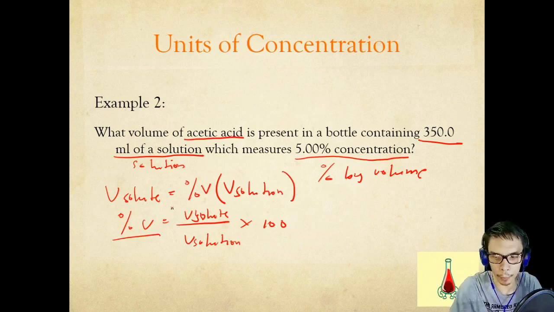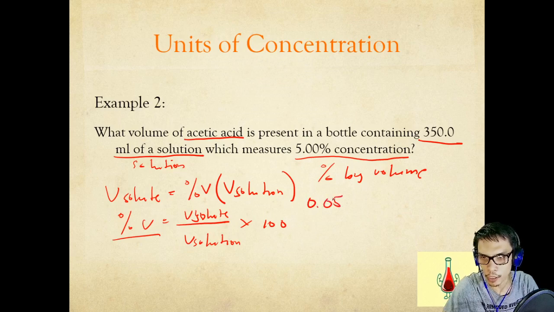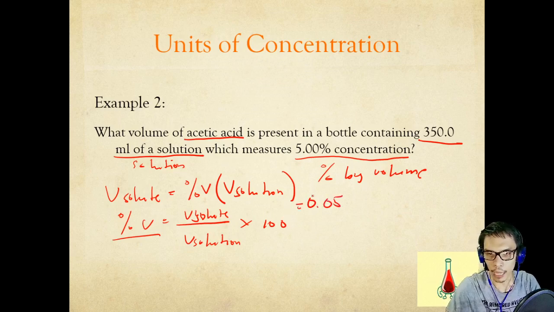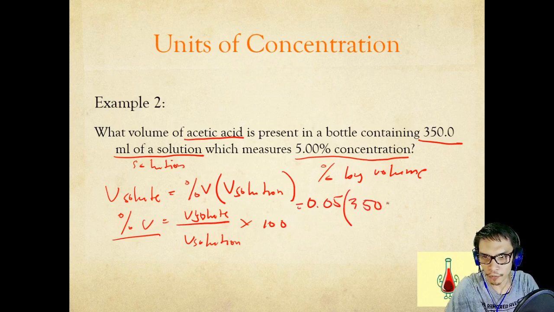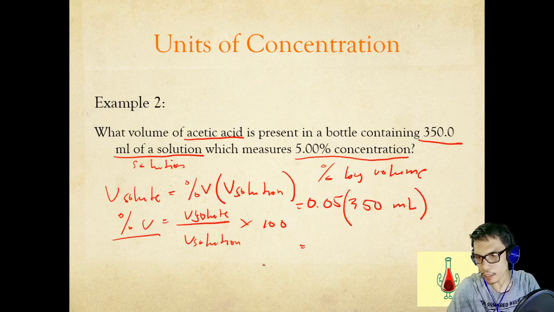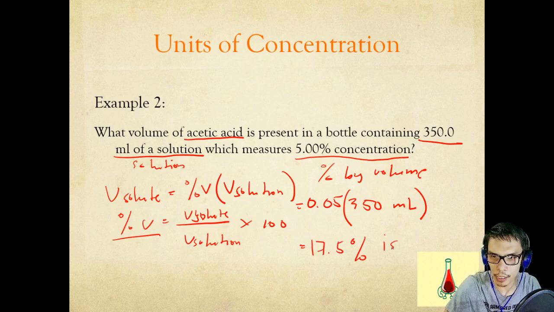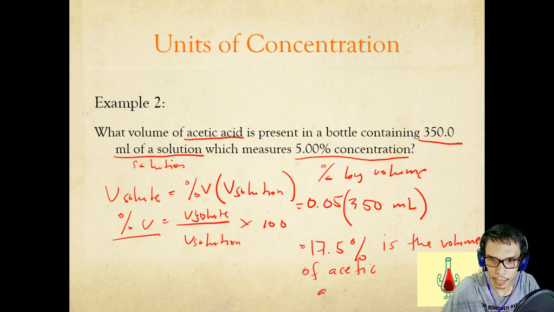By computing this, you will convert the percent into a decimal format, 0.05, times 350 ml, and you will get an answer of 17.5 ml, which is the volume of acetic acid.